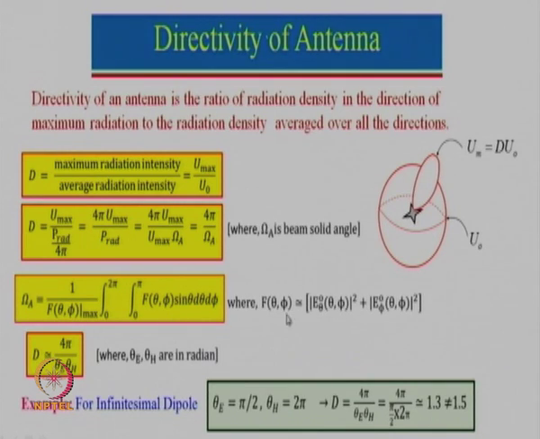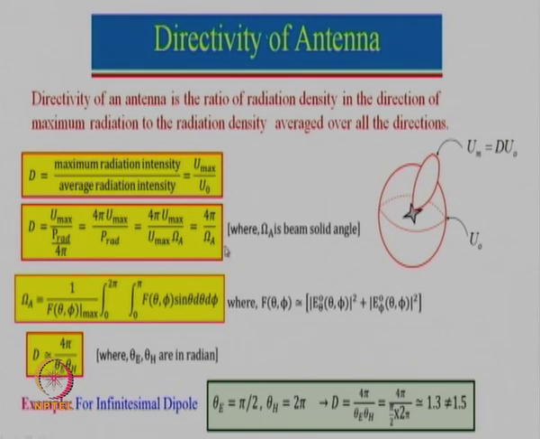And what is F? F is nothing but it can have both E theta and E phi, which may vary in the theta or phi direction. You can naturally think, oh my God, it is so complicated. Well, in this course we will try to make things simpler for you. We will try to use some approximate formulas to calculate the directivity with reasonable accuracy.